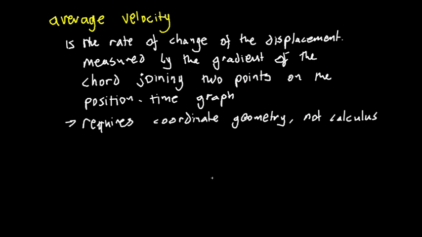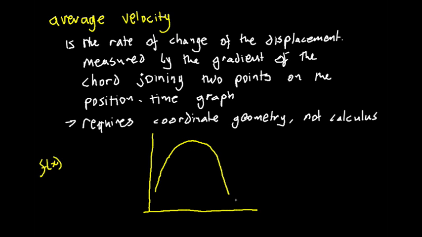Average velocity is slightly different. It's the rate of change of the displacement, measured by the gradient of the chord between 2 points on a position time graph. So if we were to graph a function f of x, which might be quadratic, this is our distance and time. Our distance varies depending on the time.